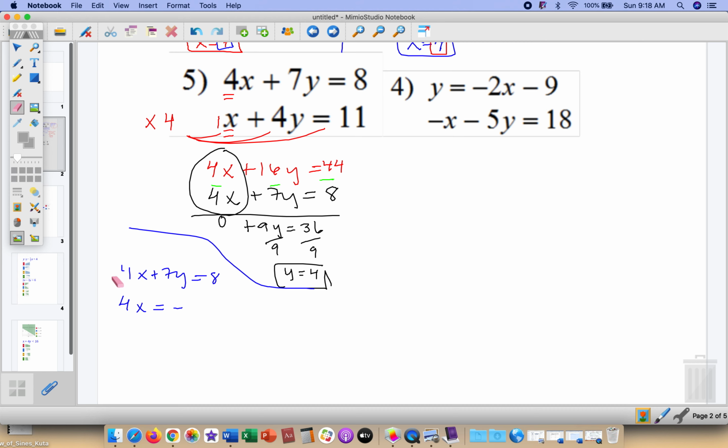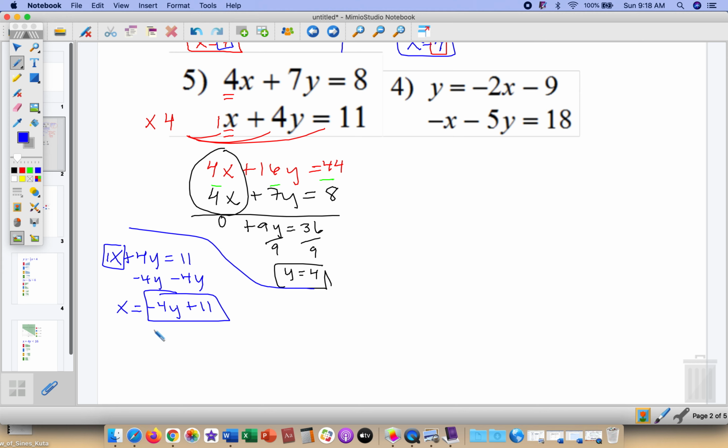It's a little easier. So for the bottom one, if it says x plus 4y equals 11, we can subtract 4y from both sides. And notice I want to isolate the variable that has a coefficient of 1. And I would have x equals negative 4y plus 11.